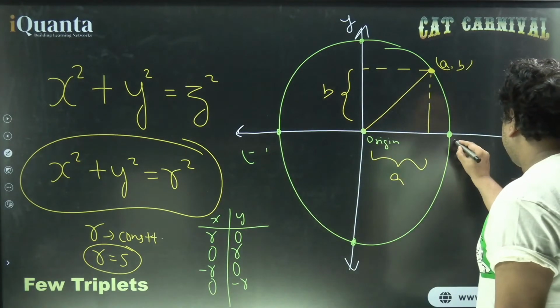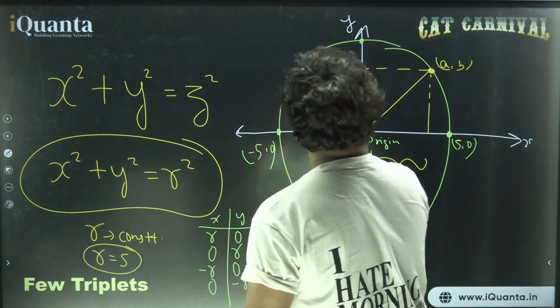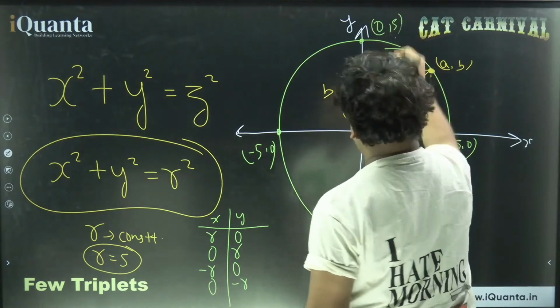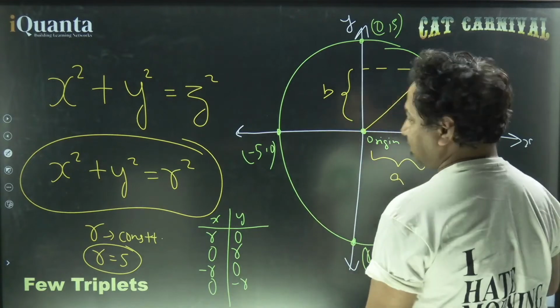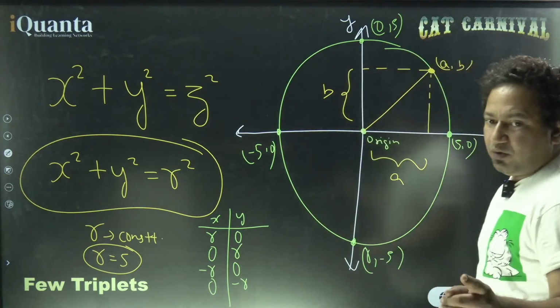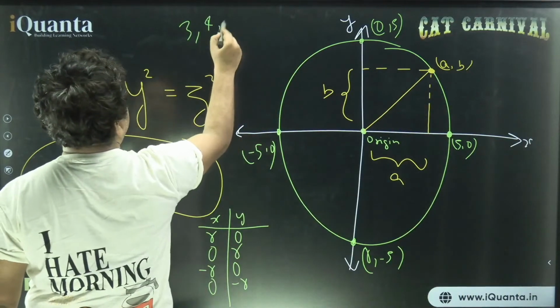This will be 5 comma 0. This will be minus 5 comma 0. This will be 0 comma 5 and this will be 0 comma minus 5. Isn't it? Right? And now we know that 3, 4, 5 is a triplet.